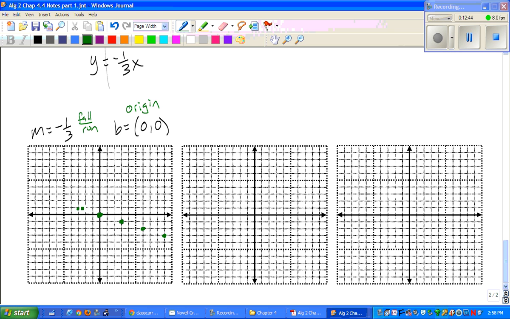And then just continue the pattern on the other side and draw your line. Now, in class we talked about if you have a point that's out of whack, that means you probably did something wrong, because every single one of these makes a straight line.